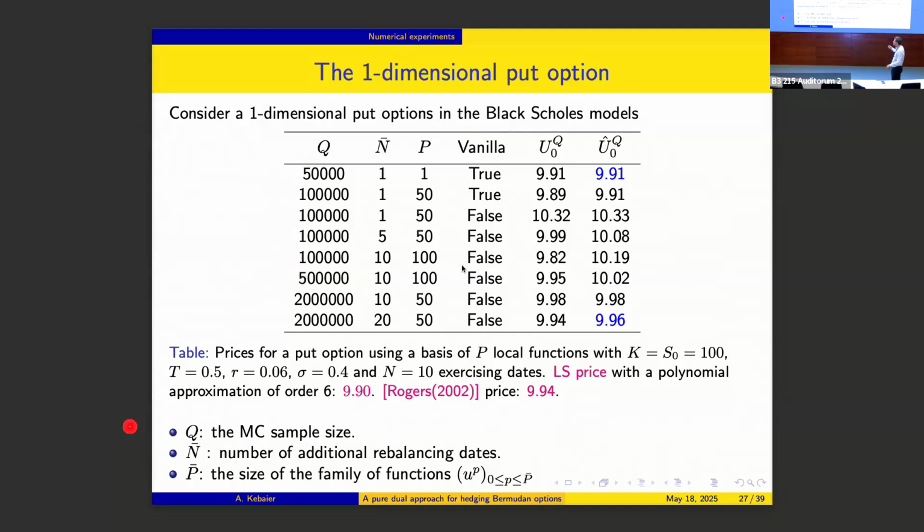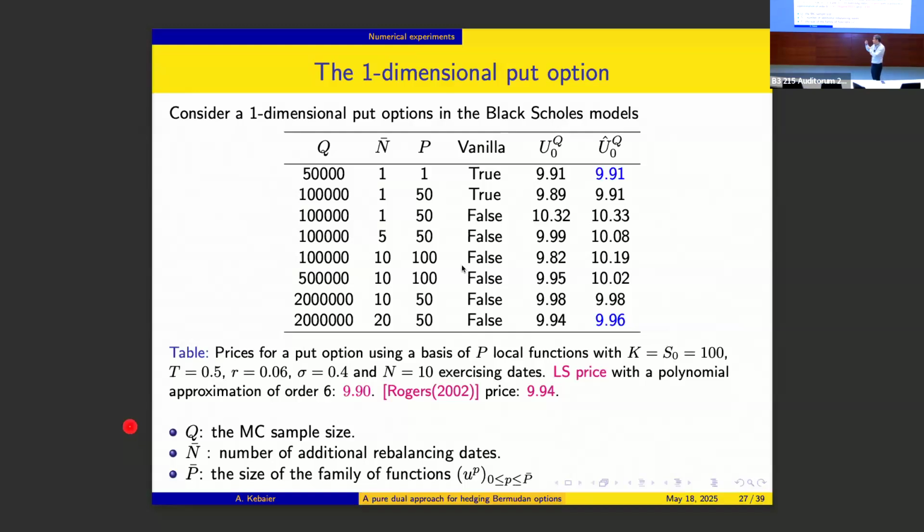But if such a product is not available in the market, imagine this butterfly option, then it gives you the idea how many rebalancing dates you should add in between each time step in the Bermudan grid in order to reach a reasonable, competitive price. So here, for example, you have to refine with 20 intermediate dates between each exercise time.